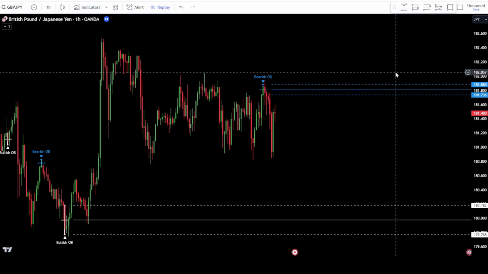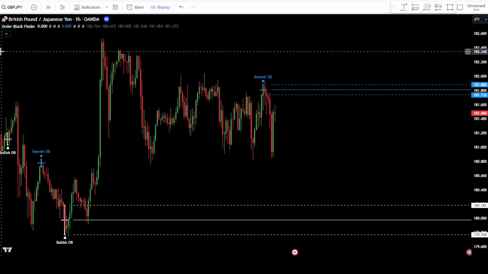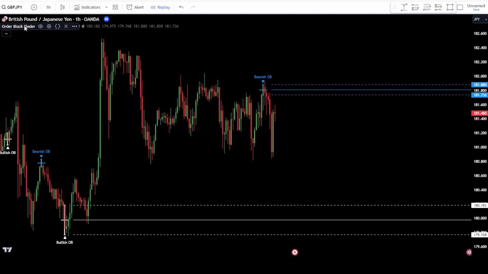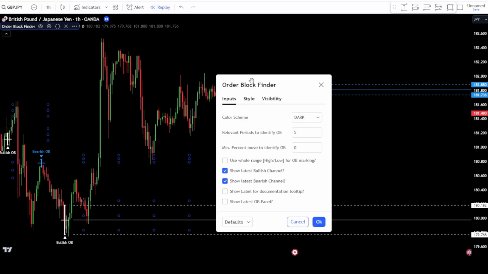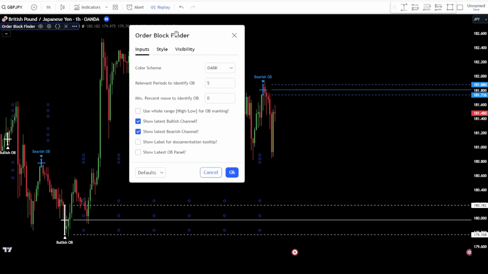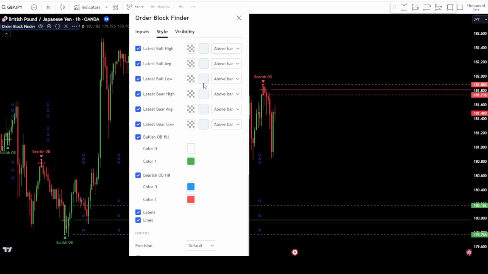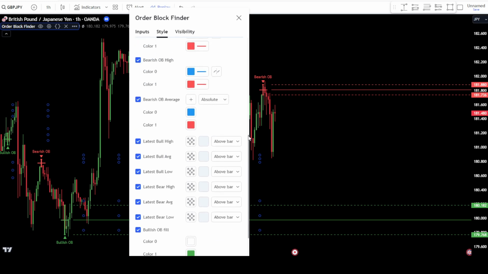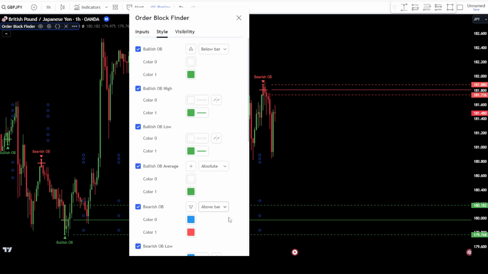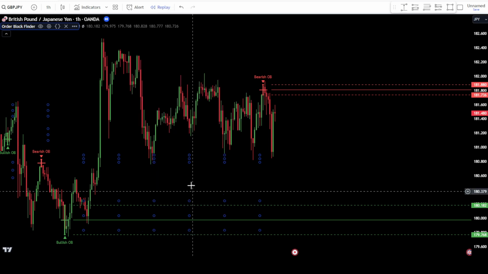In this video example, we will use this Order Block Finder indicator with the default settings, but if you want to make some changes, you can go to the Indicator Settings tab. For example, in the Inputs tab, you can adjust the color scheme or other settings. And if you go to the Style tab, you can also adjust the color and thickness of the lines to your preference. Once you've finished making adjustments, click OK to confirm the changes.